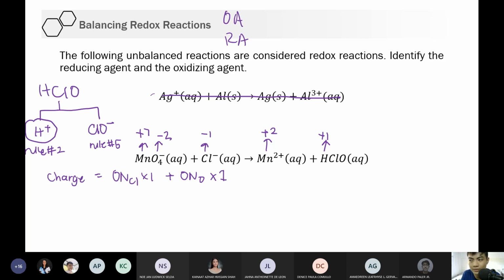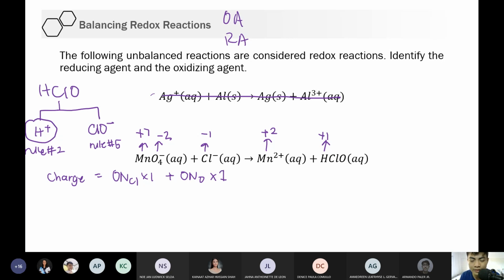Okay? So, yun yung gusto ko i-point out. Kasi, for example, we have this hypochlorite ion. So, this is a hypochlorite ion. So, ibig sabihin, yung chlorine, hindi siya -1. Okay? Kasi, kasama niya oxygen eh. Ganun yan. Yun yung meaning ko dun sa rule kanina. Okay?